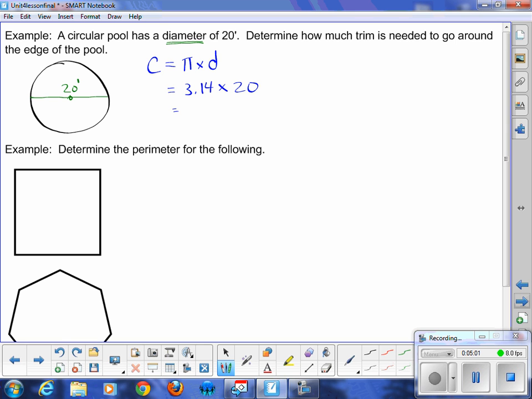So 3.14 times the 20 gives us 62.8 feet. So therefore, the distance around is 62.8 feet, or 62 feet and say 10 inches.